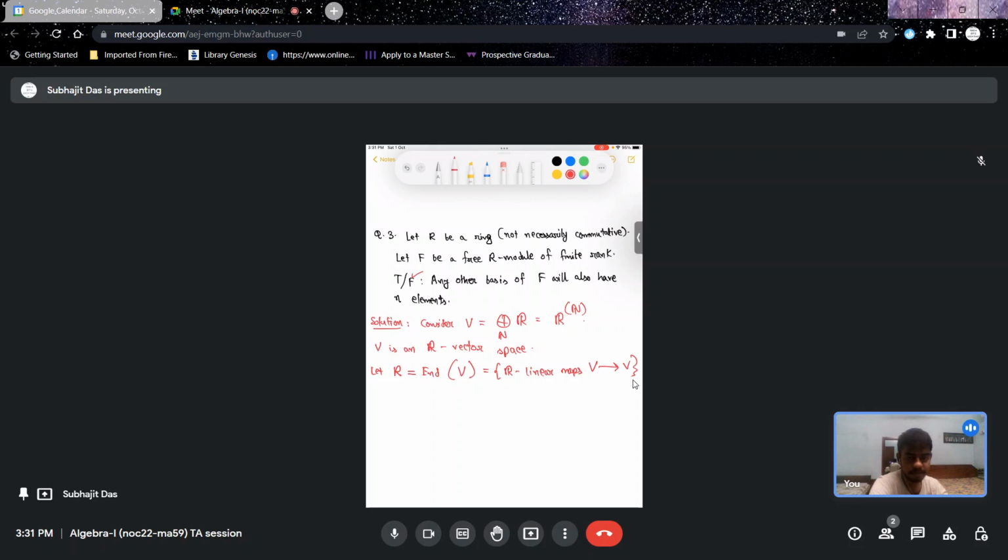Self maps. And they have to be R linear. So we are taking R linear mappings of V into V, and we are calling this ring R.